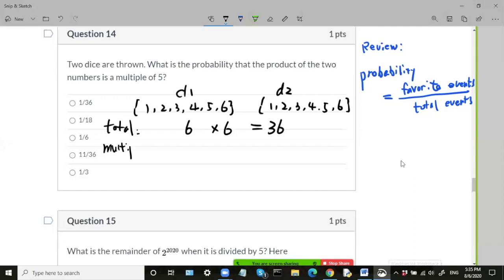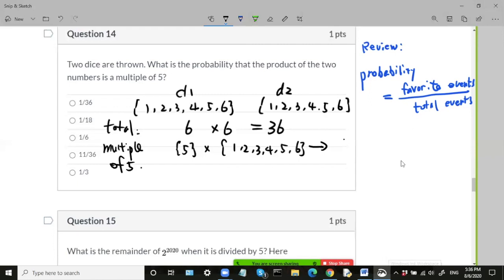Let's say D1 is 5. Then D2 can be any number from 1 to 6, so the product of the two numbers is a multiple of 5.